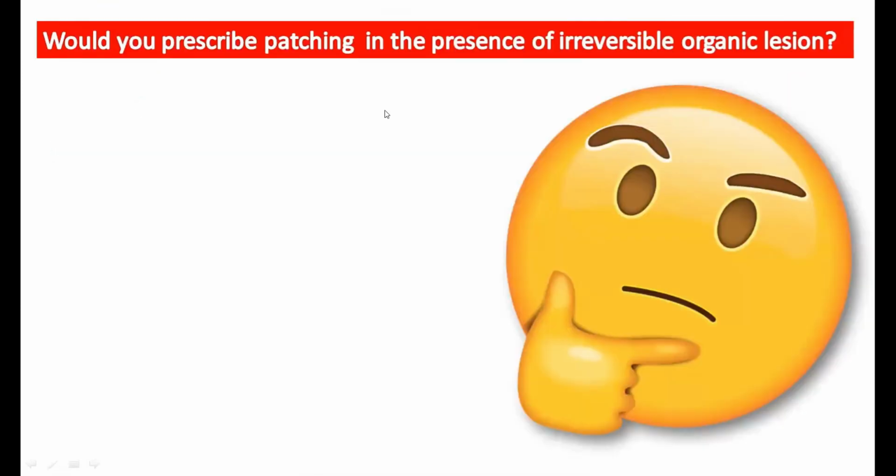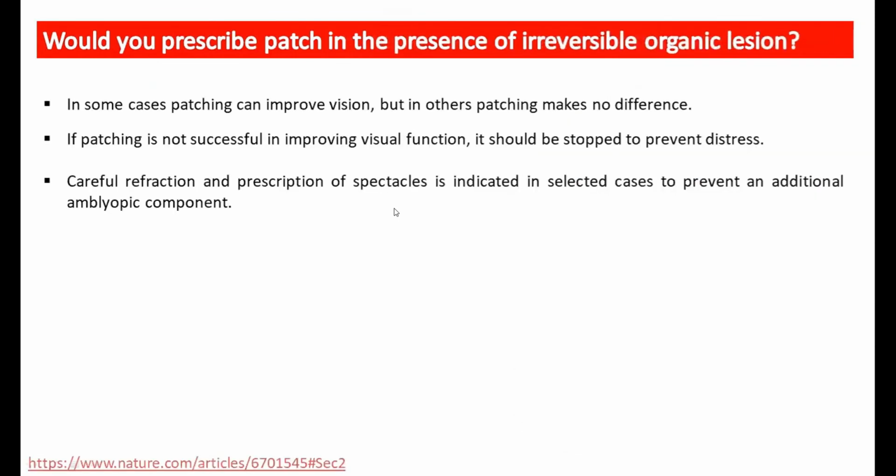If we have an irreversible organic lesion, do we prescribe patches to the sound eye? Actually, there are papers on this topic. You may try, but if you find that there is no improvement, no difference, you omit patching, because sometimes there is superimposed amblyopia with the organic lesion.